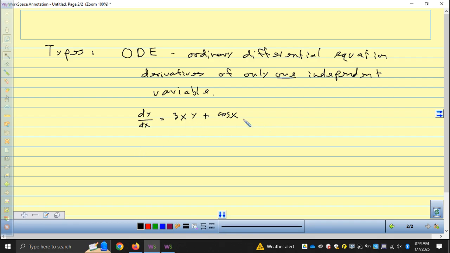We could have a second derivative, so d squared y/dx squared plus dy/dx equals 4y plus 3. That's an ordinary differential equation. We just have derivatives with respect to x. We have a first and a second derivative in this case. So this one we can't solve by directly integrating.